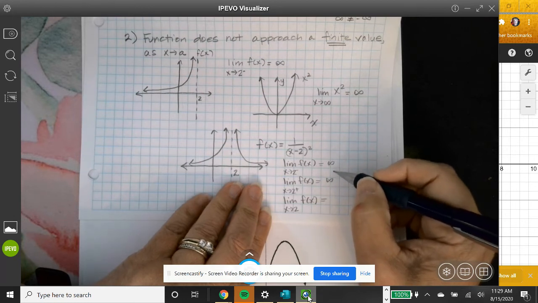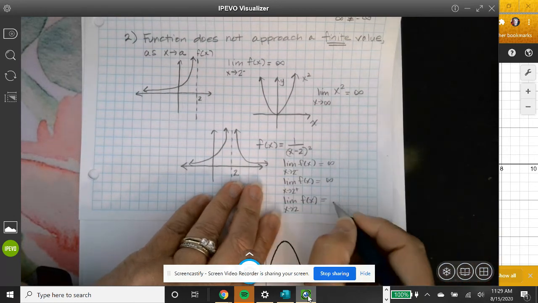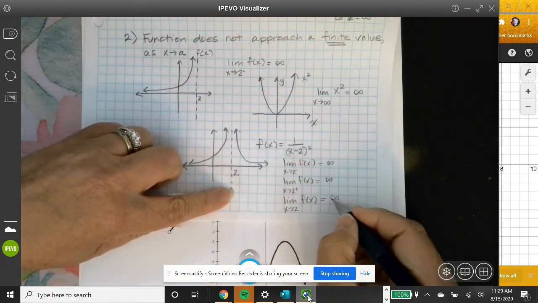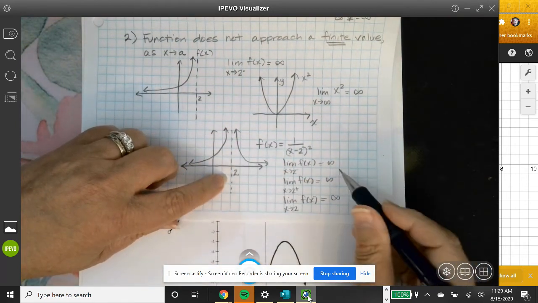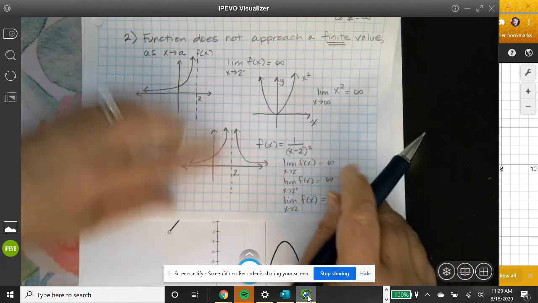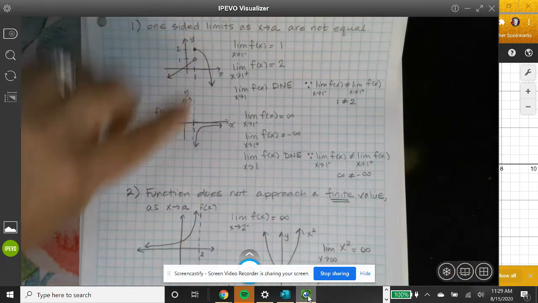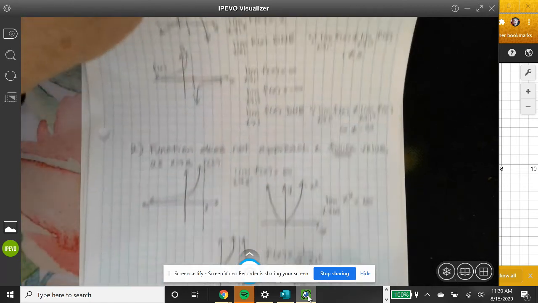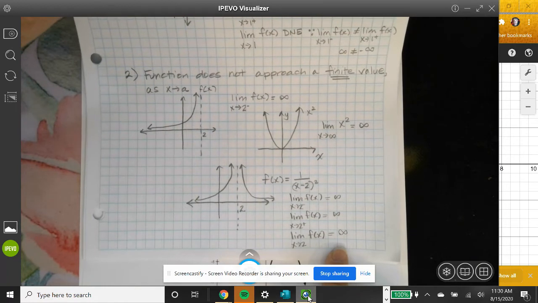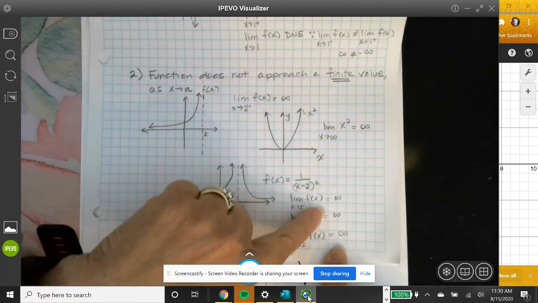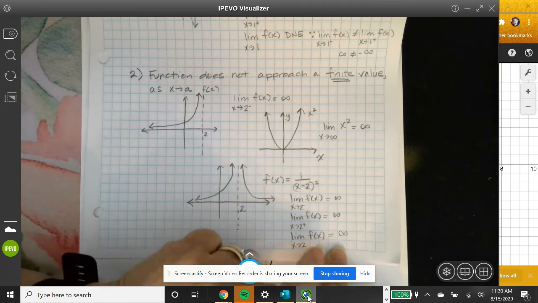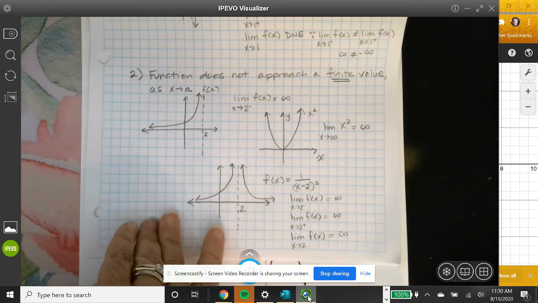And because they're headed to the same infinity here, we would say that the limit as x approaches 2 is going to infinity because they are the same direction. Unlike the situation we had up here on this rational function where the infinities were different. Okay, so this one also does not exist, but it's headed to the same infinity. And by convention, we would write infinity here as opposed to does not exist.